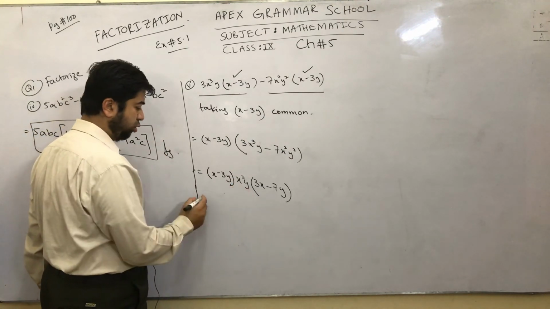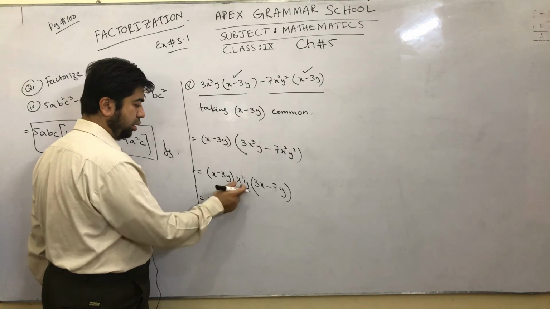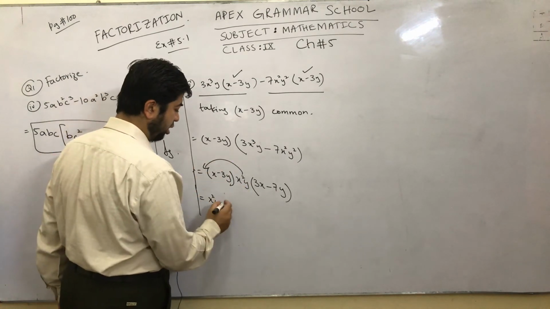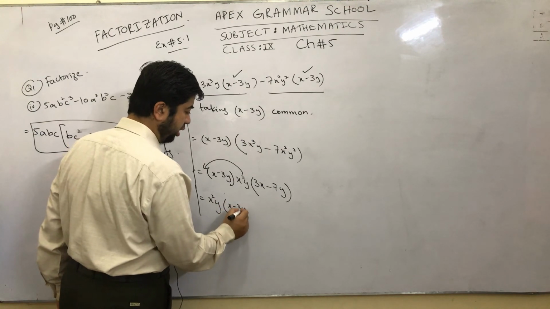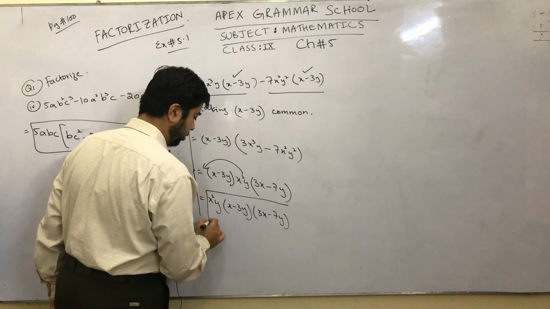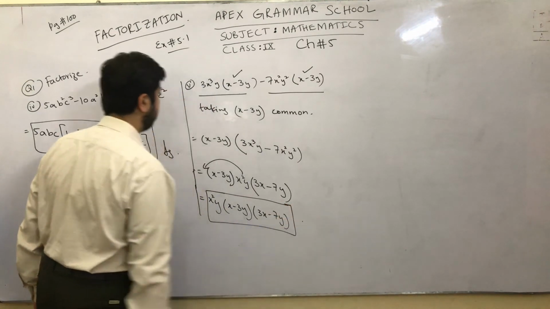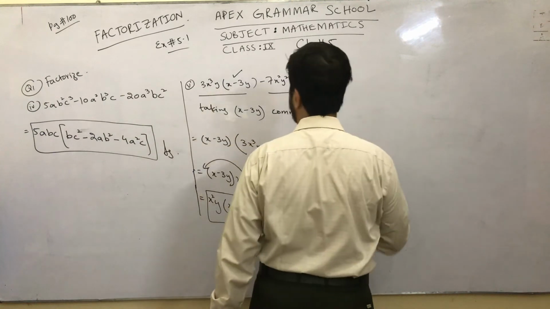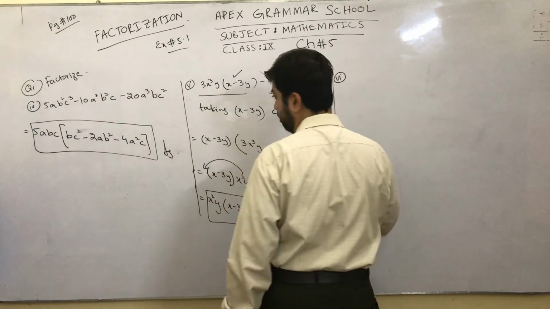You can write x square y at the very start, so x minus 3y and 3x minus 7y here. And that's it. Now the last part of factorization.